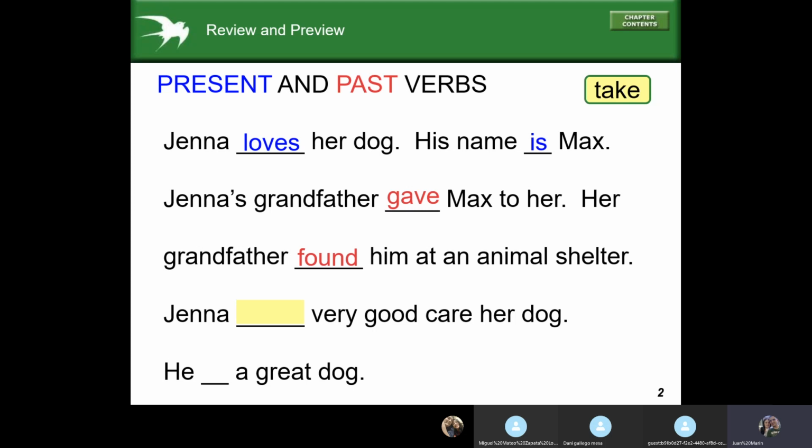Takes. Yes, takes, because Gina takes very good care of her dog.